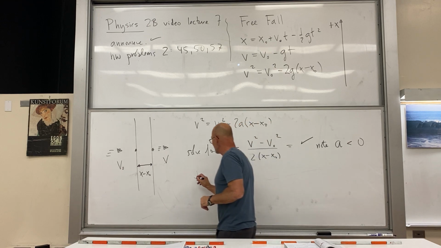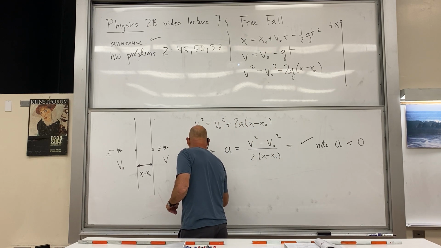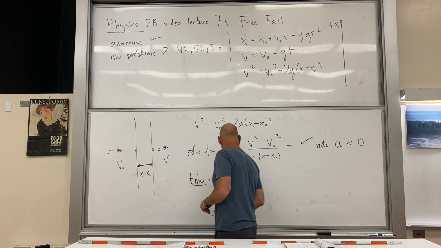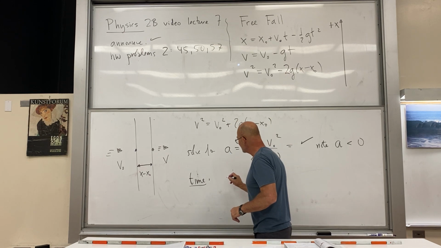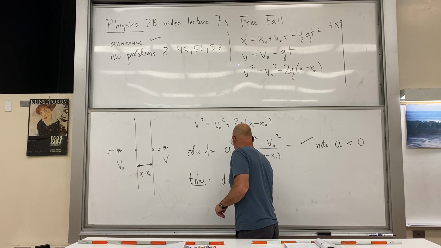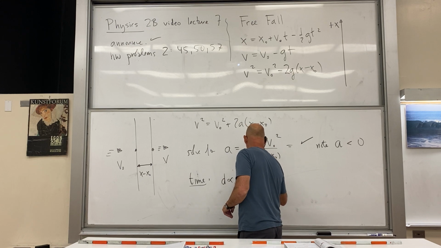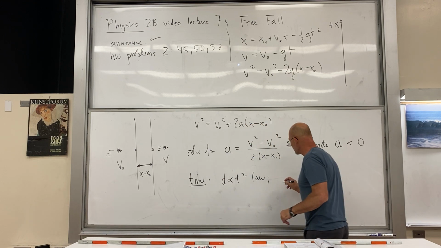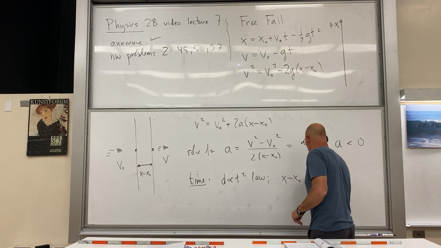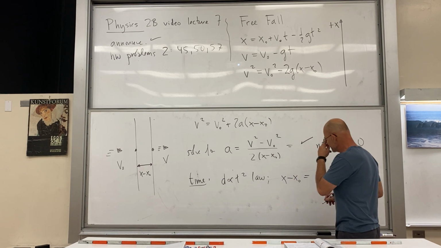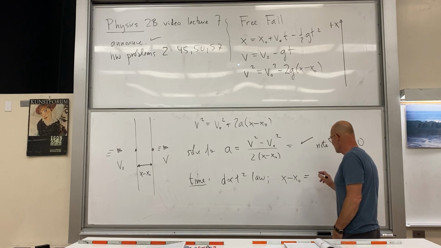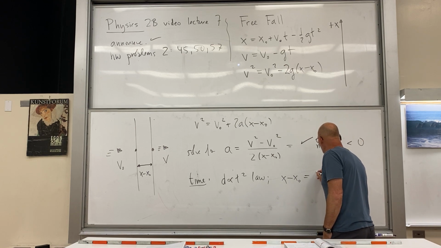Now the time, we can do the following. We can do the distance times squared law. In particular, the distance is the thickness of the board, equals a over 2 t squared.